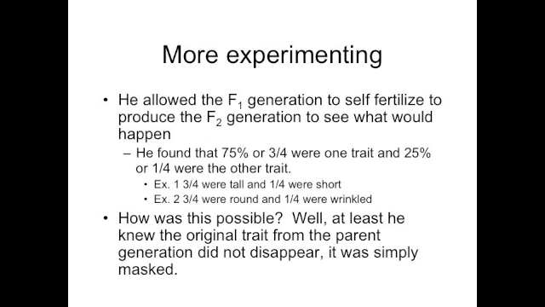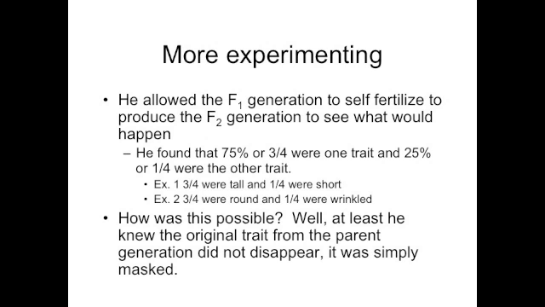Remember that after Mendel cross-fertilized one trait with another trait, all of the resulting offspring had the same trait. So after he allowed the F1 generation to self-fertilize, he found that 75%, or 3/4, had one trait, and 25%, or 1/4, were the other trait.